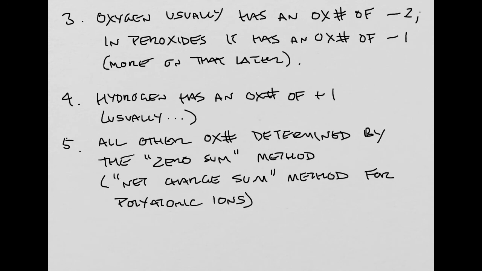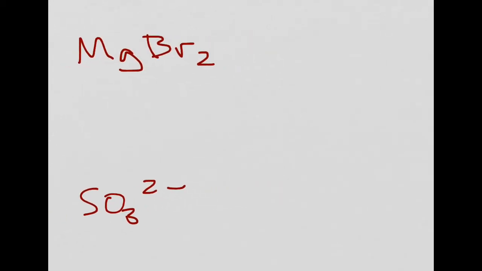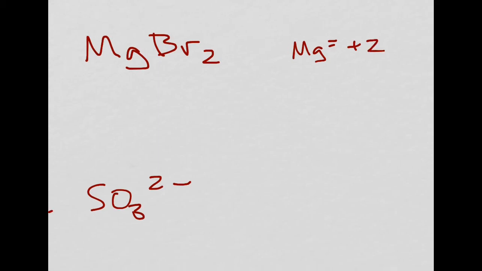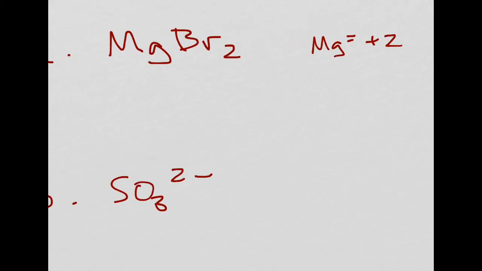Okay, so I guess I'll give you a couple of examples and then I'll let you have at it on the worksheet that I'm going to give you right now too. All right, for this first one, we know that Mg is an alkaline earth metal, so that's going to have a +2. And we know ultimately that this thing has to have a sum of 0.